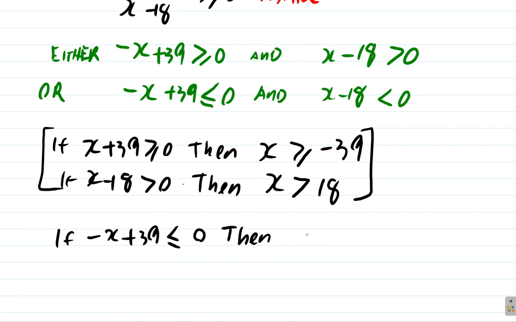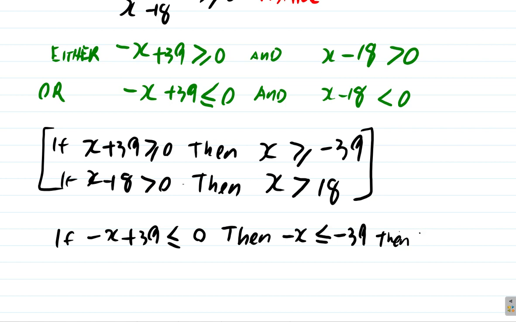Then what you're going to have is negative x is less than or equal to negative 39. Alright, see that? I subtracted 39 from both sides. And then if I multiply by a negative 1, right?